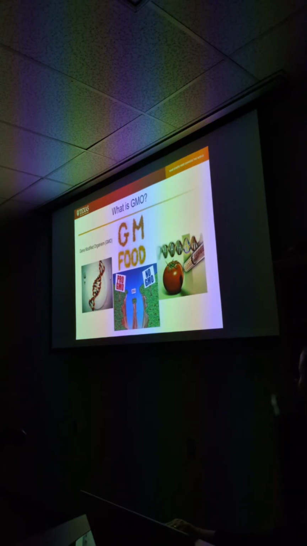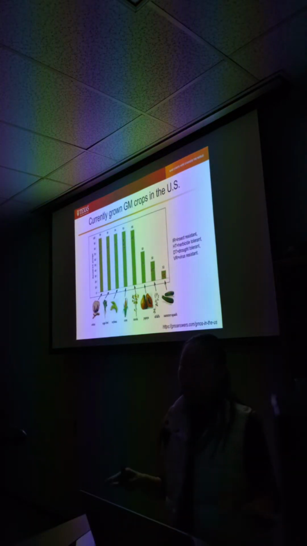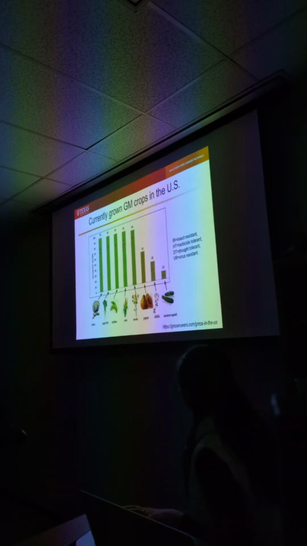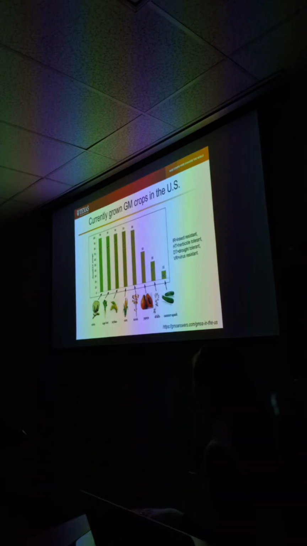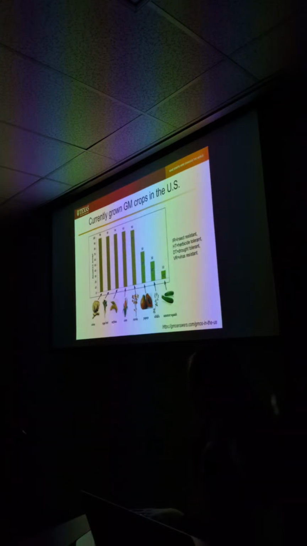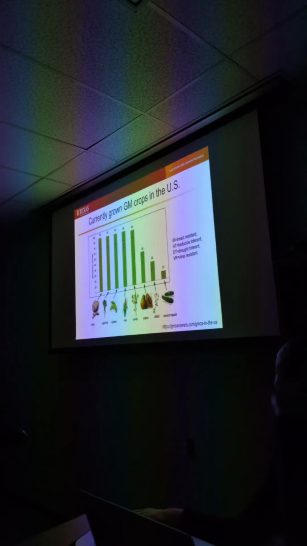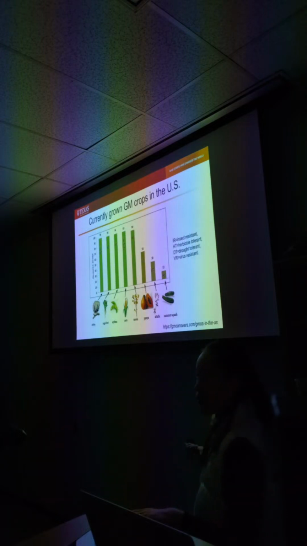So there was some concern about GMO food. Currently, the GMO food available on the market is not a lot. Here is just the top 8 GMO crops in the US. They are cotton, sugar beet, soybean, corn, canola, papaya, alfalfa, and summer squash. So the most common ones are cotton, soybean, and corn.